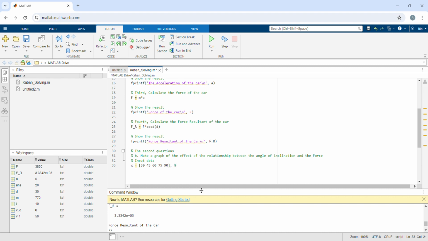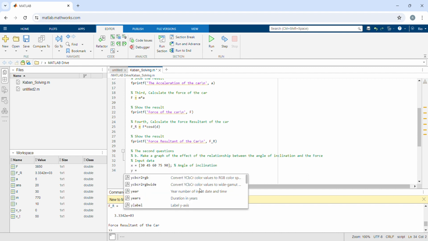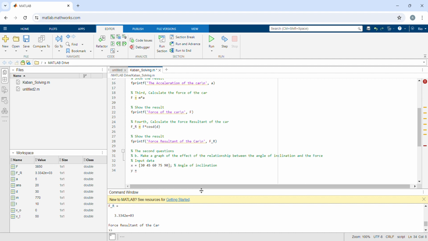So don't forget to write it down so you will not be confused later. Angle of inclination, and then the y is the force. For the force data, we just need to use the previous data, F, and then don't forget to multiply it by cos x, because we want to find the relationship between angle of inclination and the force.